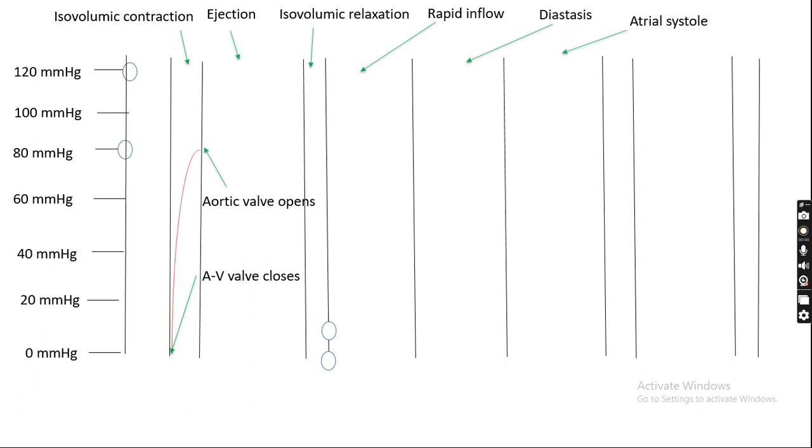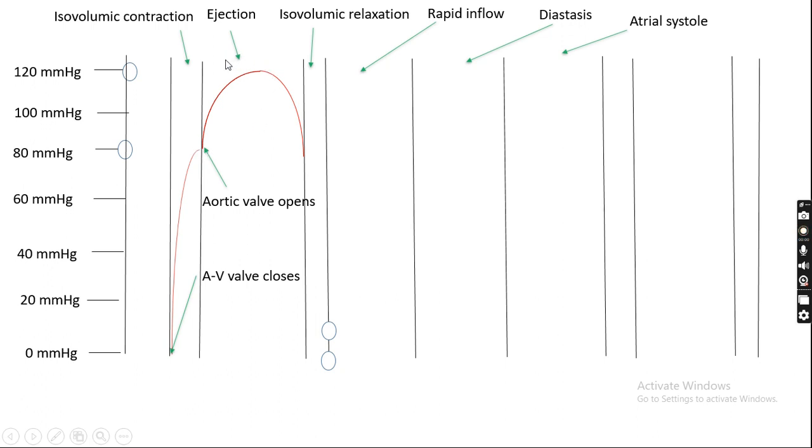In the rapid ejection phase, the blood from the left ventricle passes through the aortic valve into the aorta. But there is still contraction of the left ventricle, and the force of contraction is more than the amount of ejected blood.